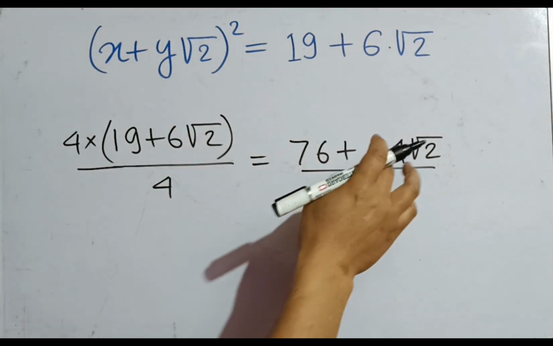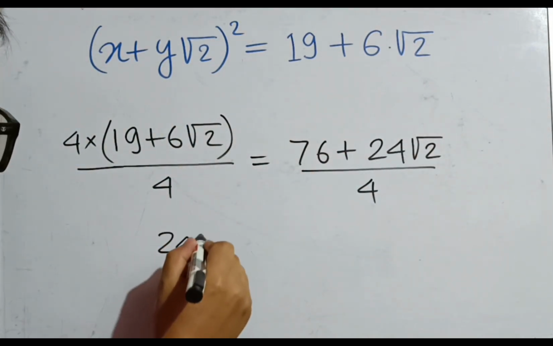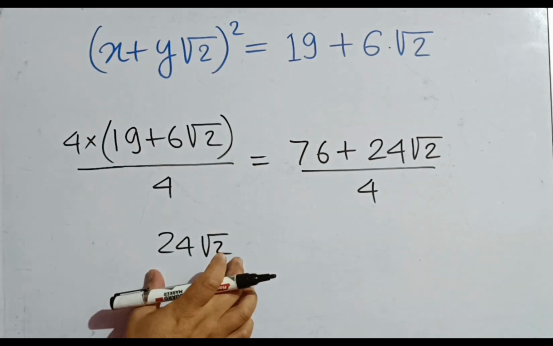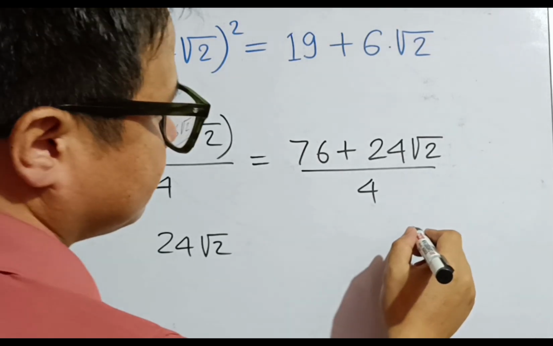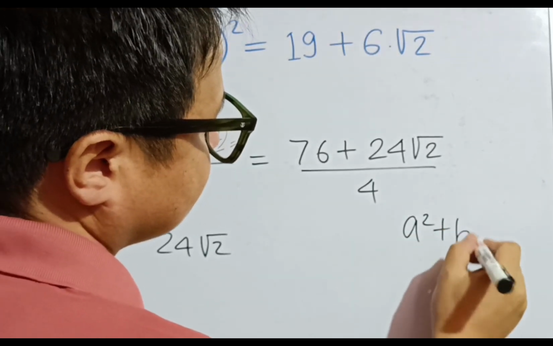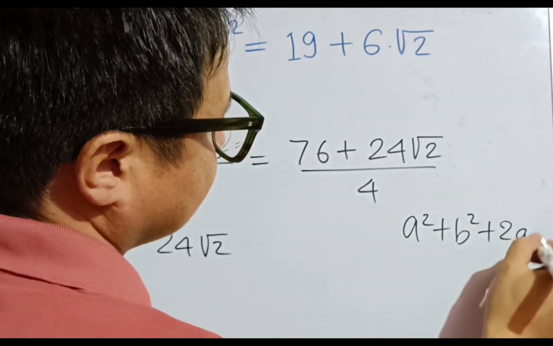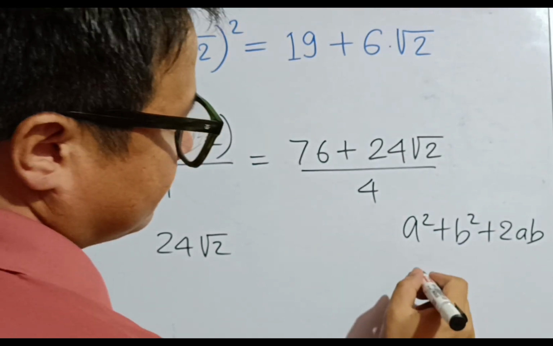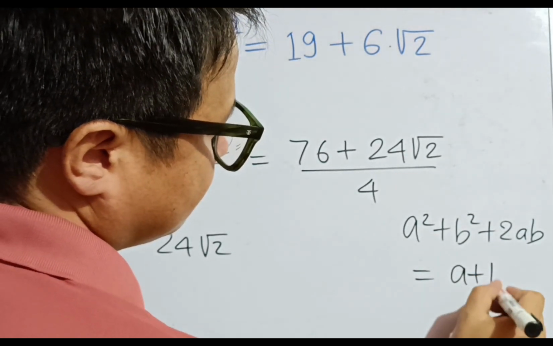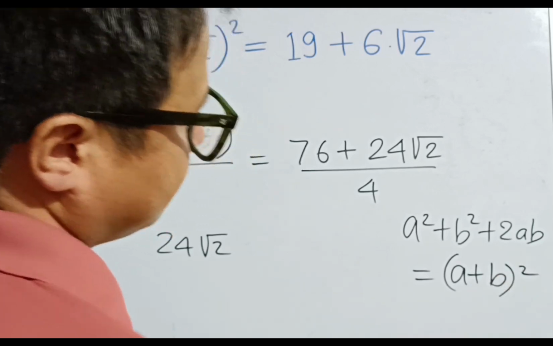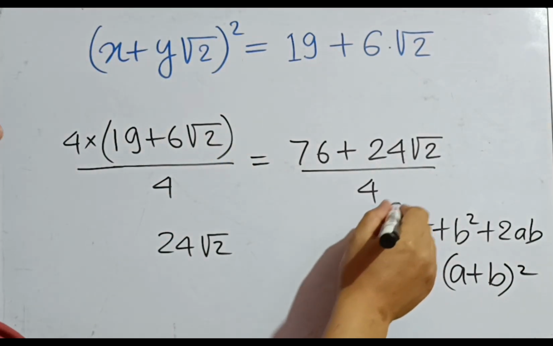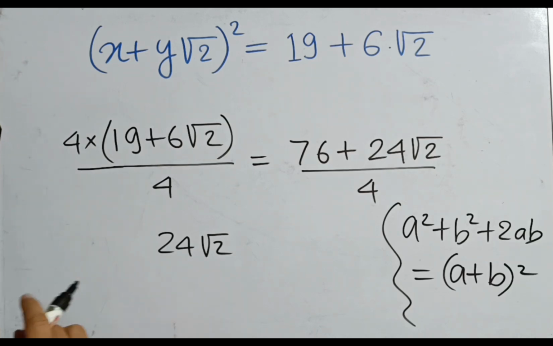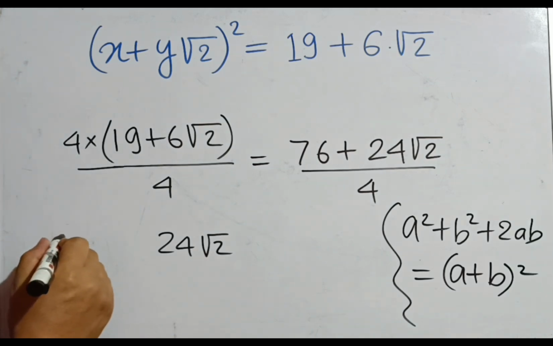Now we can factorize 24√2. We have to express this in such a way that we can express the numerator of the right hand side in the form of a² + b² + 2ab, which will be equal to (a + b)². Here we have to express this 24√2 in the form of 2ab.